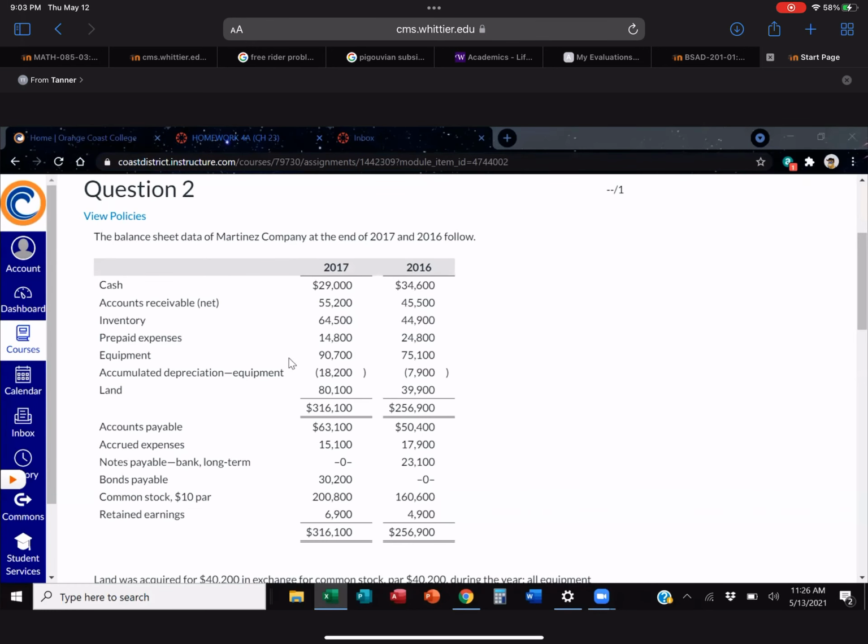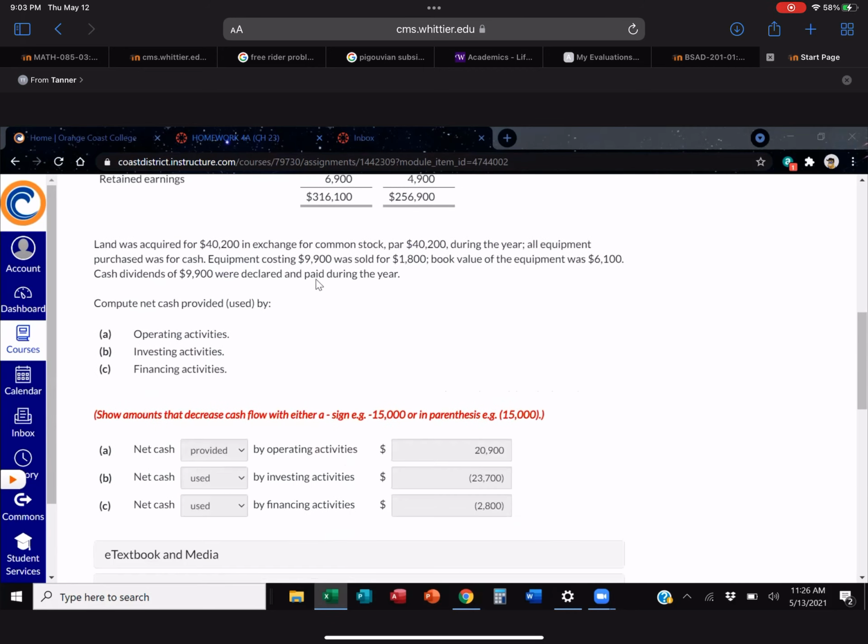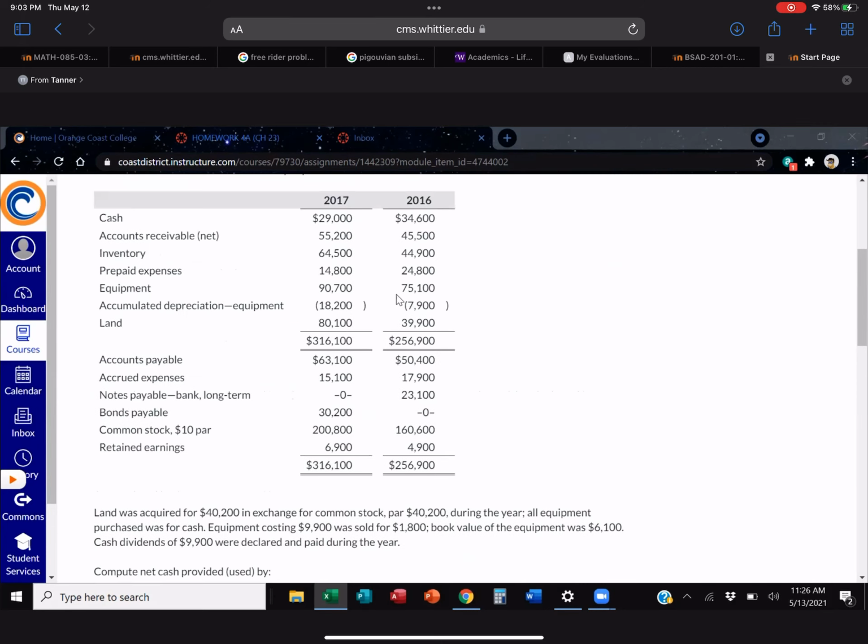Well, let's do our equipment. Right here, we started with 75.1 in the book. Now we just got rid of 9,900 of it, right? So that's what's in the book, not this, because that's this minus the accumulated. So this 9,900 was part of that, and that's gone.